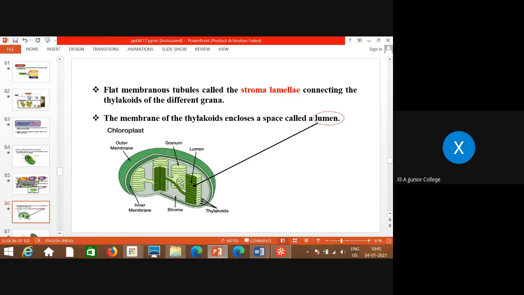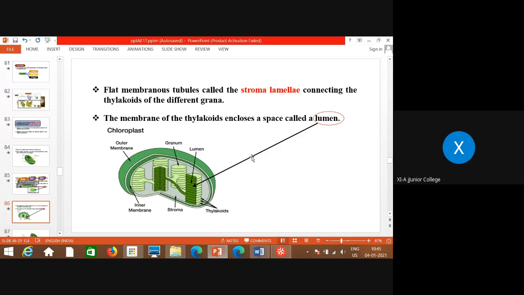This is a single granum, and this granum is connected to this granum by this tubular structure, called intergranal lamellae, also called stroma lamellae. So, a very simple form. I have repeated it 4 times, I think more than that also, so you must have learned now the structure of granum, the structure of chloroplast.